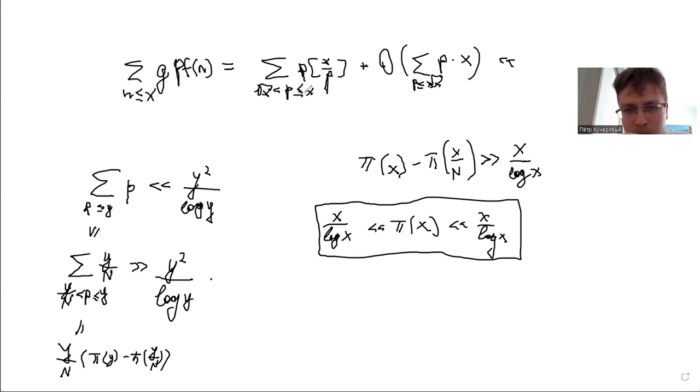We need an upper bound. Here we have, what is this? This is square root of x squared. So it's x multiplied by x and divided by logarithm of square root of x. It's the same as the logarithm of x.